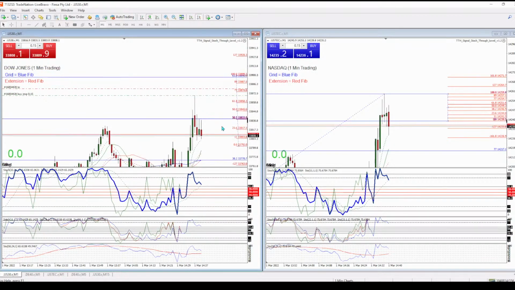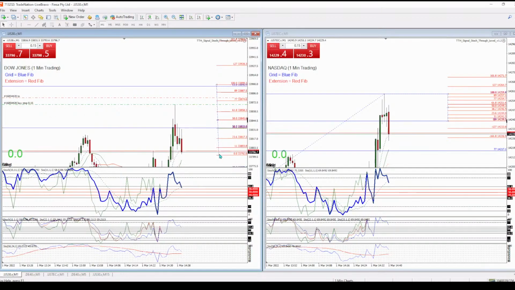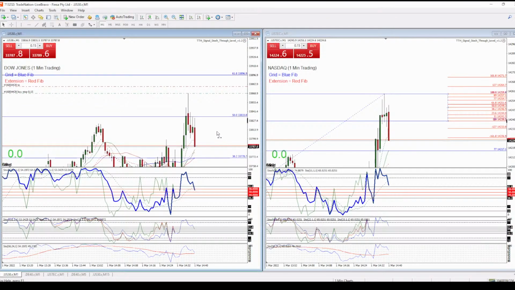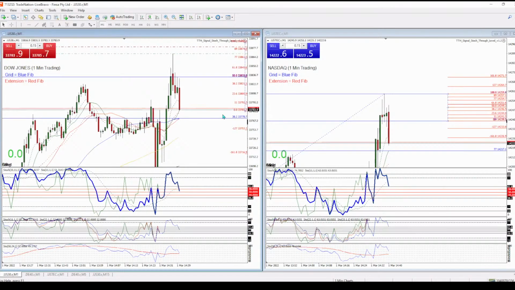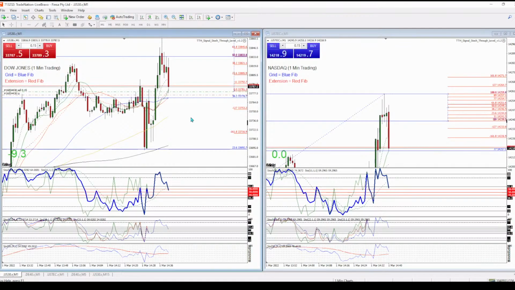Extended 10 points. 5-minute trend is also still up. Watch at 33 down through 50 on the Dow. I'm short 5 points.